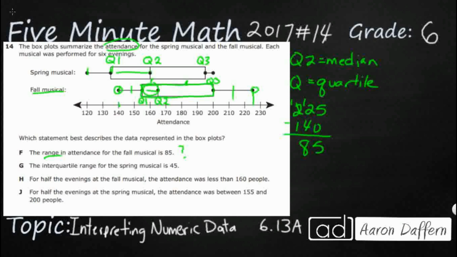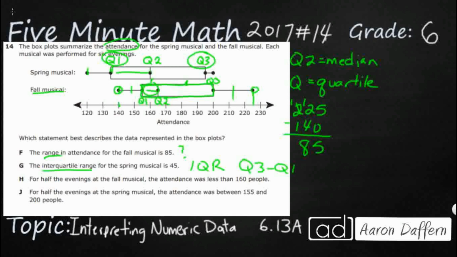The interquartile range. Okay, this is called the IQR. That means the difference between Q3, quartile 3, and quartile 1. So you're just looking at these 2 quartiles and subtracting the 2. So that's what we would do for the spring.